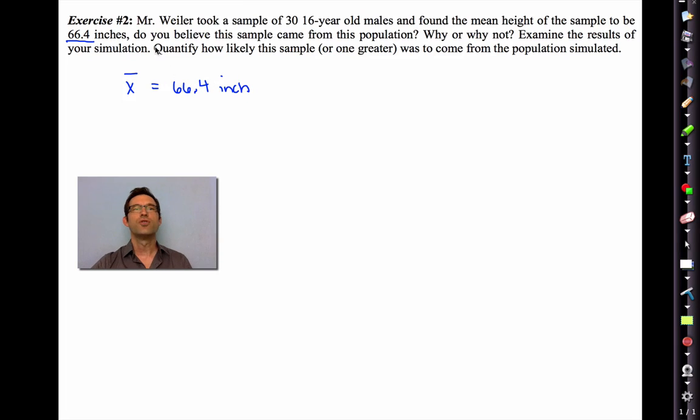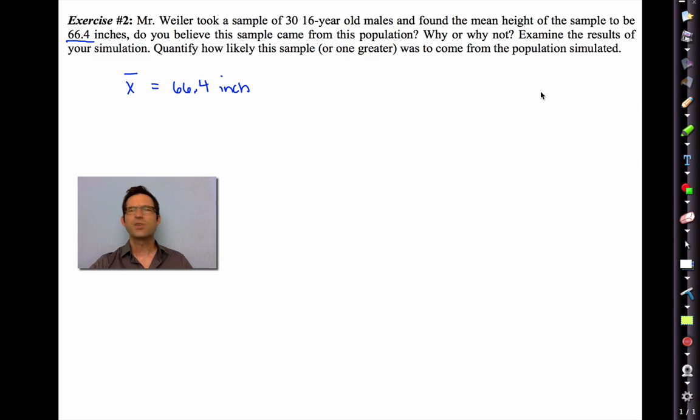Do you believe this sample came from this population? Why or why not? Examine the results of your simulation.